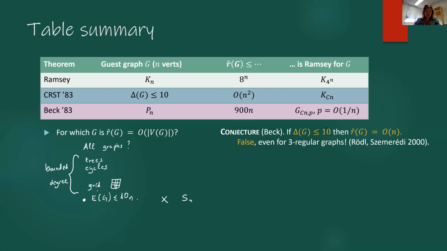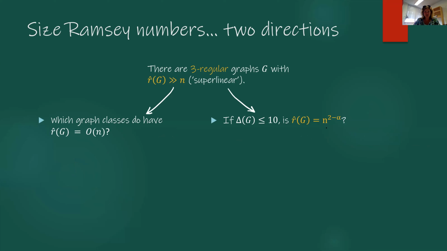So in light of that, we have two main streams of research. One is, if we still insist on the linear size Ramsey number, what additional assumptions can we make? And we had some suggestions there: trees, cycles, grids, planar graphs, etc. And another suggestion is, well, let's try and live with bounded degree.